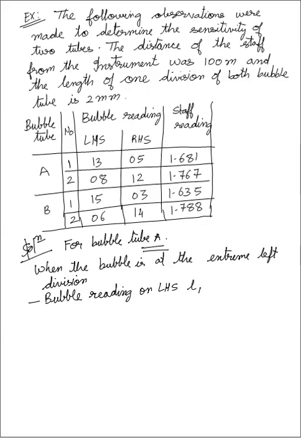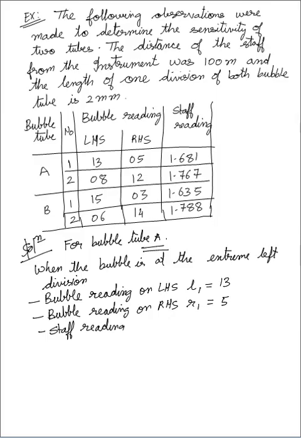So L1 is 13, and at the same time bubble reading on RHS. Here I am seeing only bubble tube A. So bubble reading on RHS, small r1, is 5, and staff reading, S1, is 1.681.